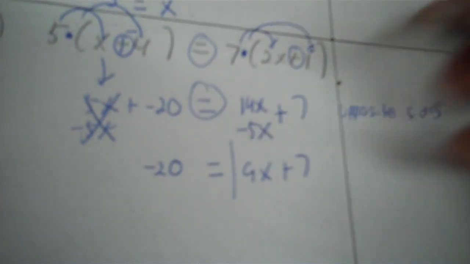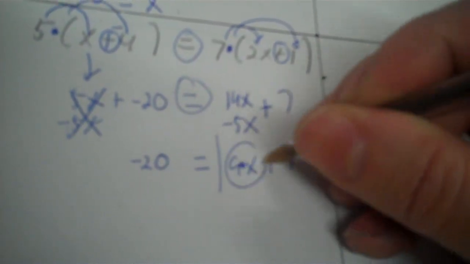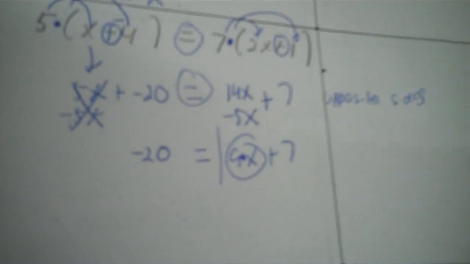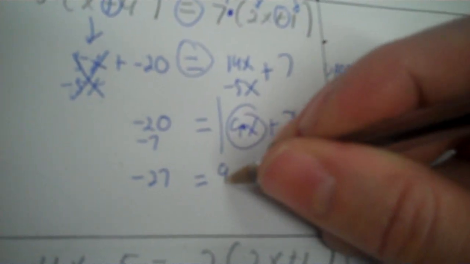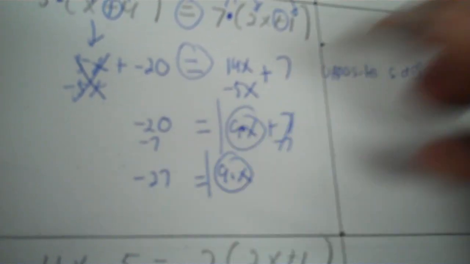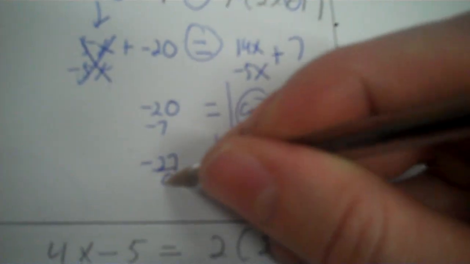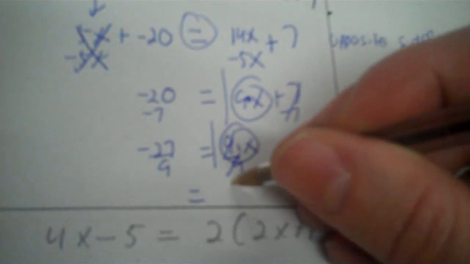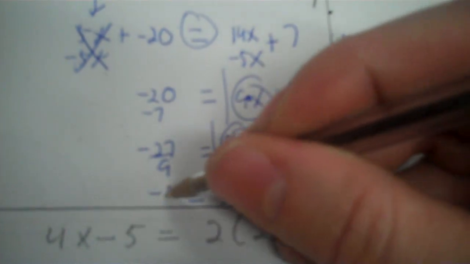Now it's time to get x by itself. Times 9 plus 7. So you get a minus 7 and divide by 9. So it's going to be negative 27 and then 9 times x. Okay, and then divide by 9. So you got x, negative 27 divided by 9 is negative 3.